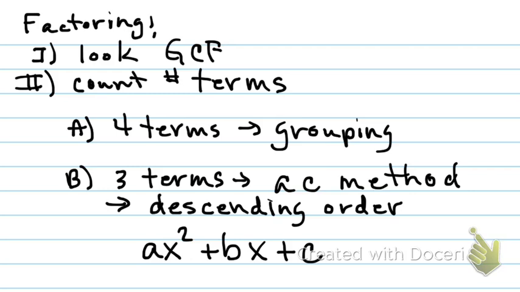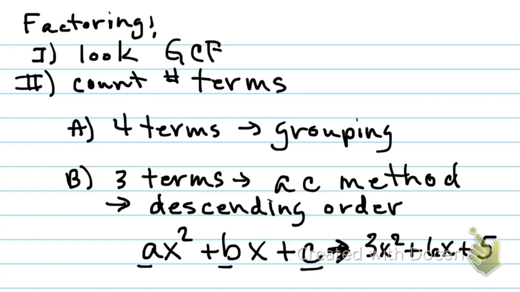It's called the general form because it doesn't have the numbers in it, so it's not a specific trinomial. A, B, and C in a real trinomial would be numbers. So for example, it would be like 3x squared plus 6x plus 5. This is called the general or algebraic form because they're using letters in place of the numbers.